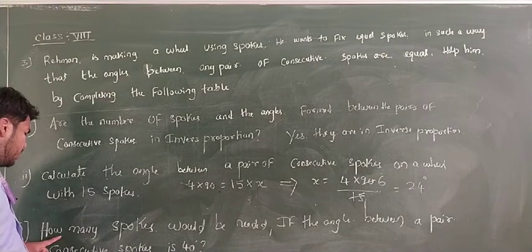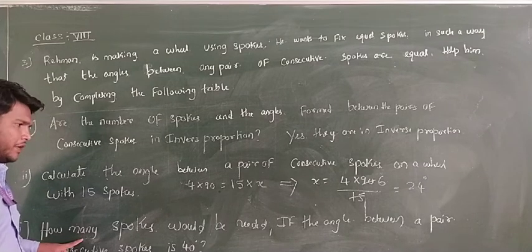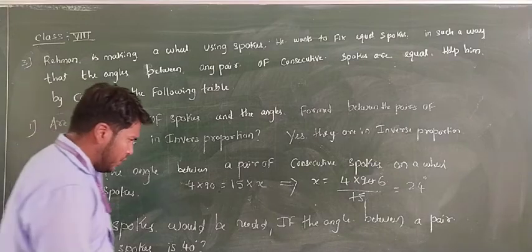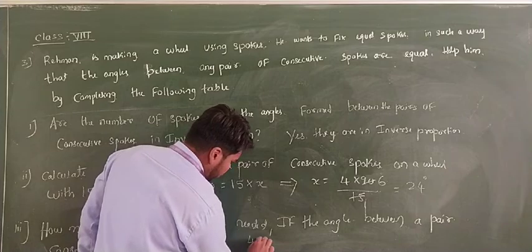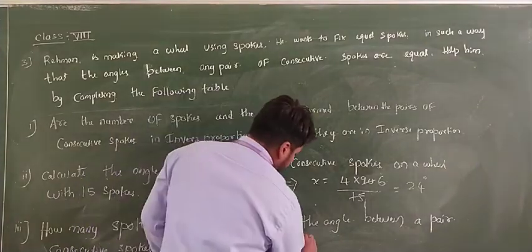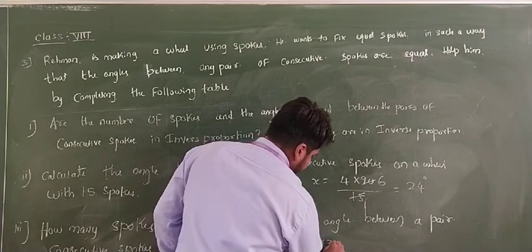Finally, the third question: how many spokes would be needed if the angle between a pair of consecutive spokes is 40 degrees? Again x1, which is 4 into 90, is equal to 40 into x.